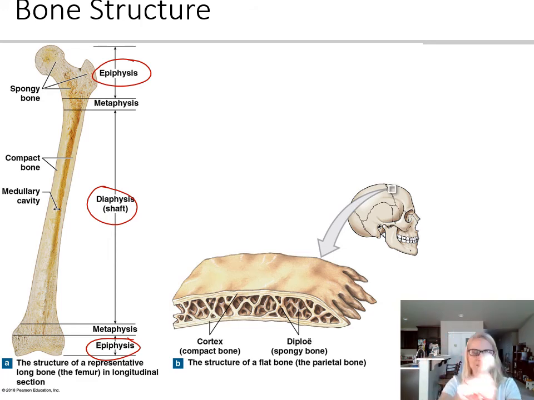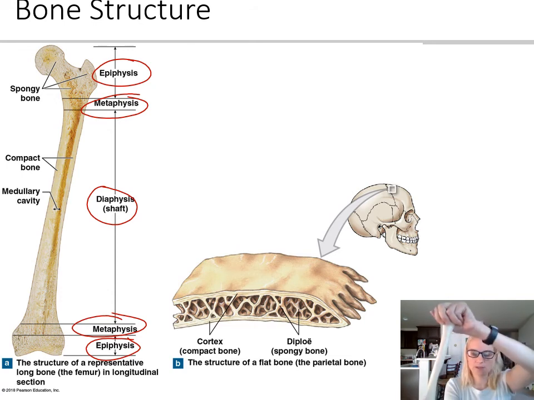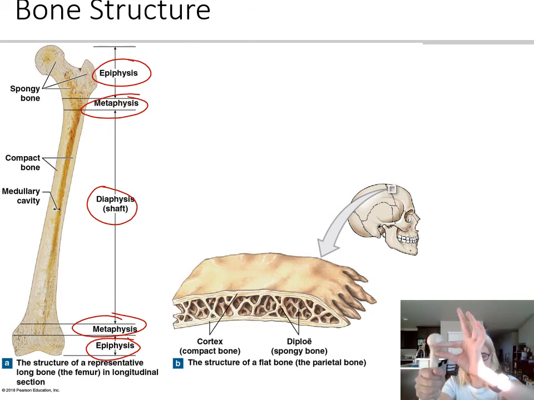And then metaphysis, these areas right here in the middle, they are just the connector. You might see epiphyseal, diaphyseal, metaphyseal, those are descriptive words for those regions of the bone. So epiphyses, diaphysis, metaphysis, kind of a little connector, all right?